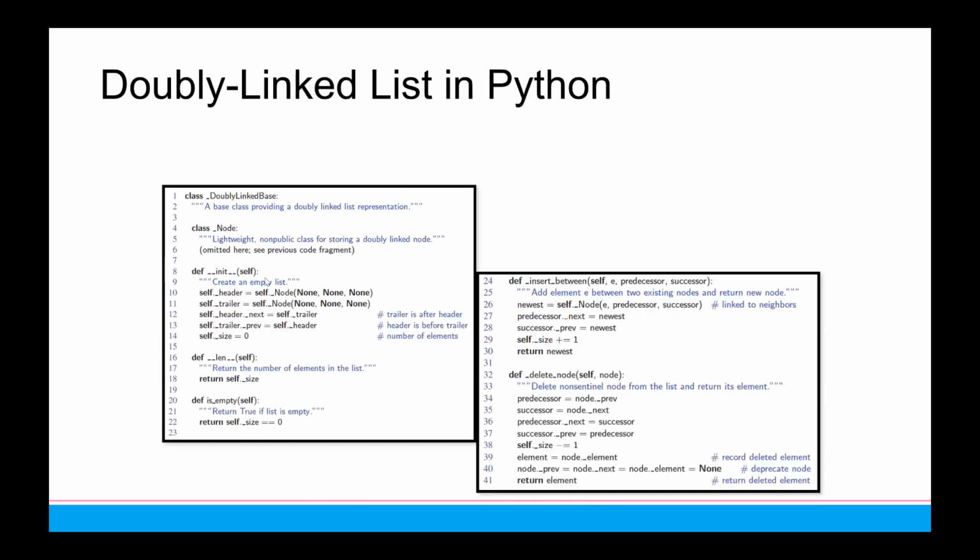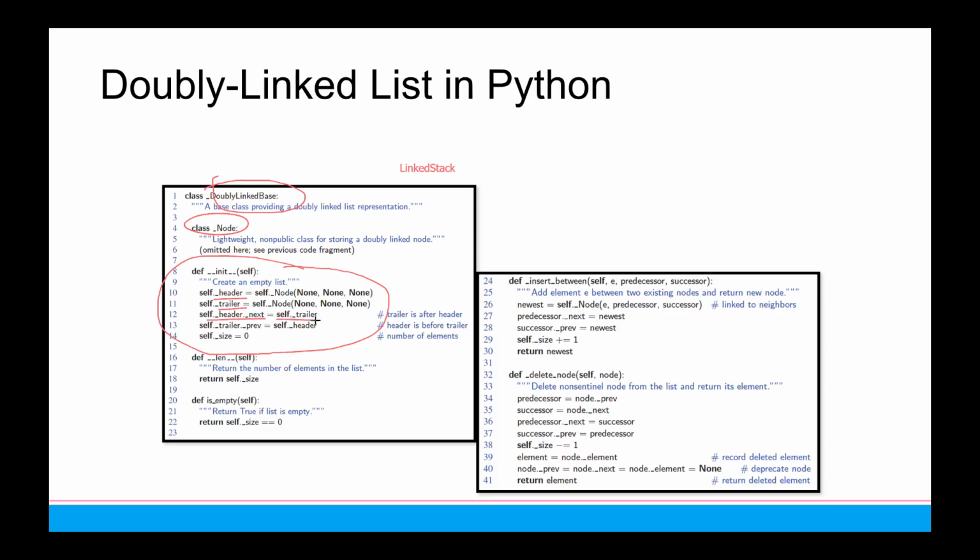This is the code for the doubly linked list in Python. The class of doubly linked list includes the class node. If you still remember from the linked stack, you can see this node from the linked stack. You can construct the initial code by creating a header and a trailer, and then the header's next is the trailer.